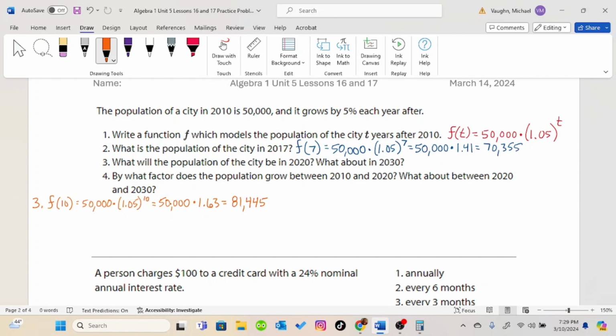Then they want to know, what about 2030? This would be 20 years later. So f of 20 is the original 50,000 times 1.05 to the power of 20.